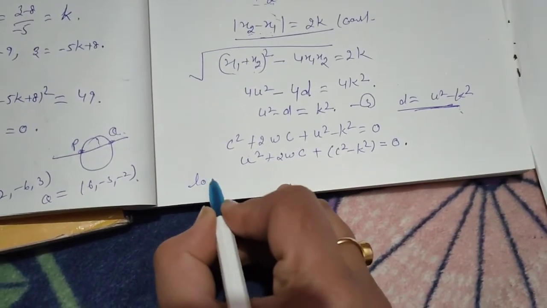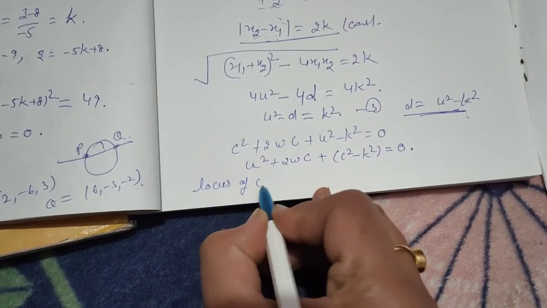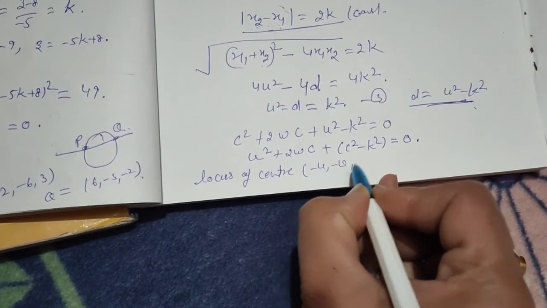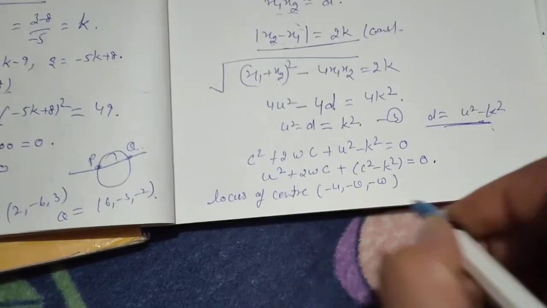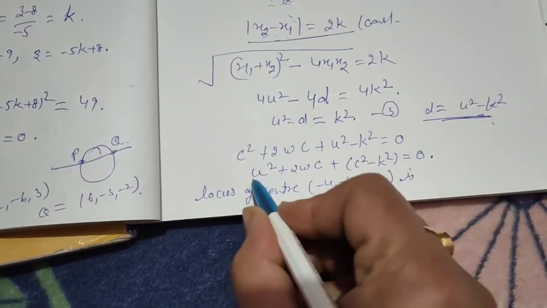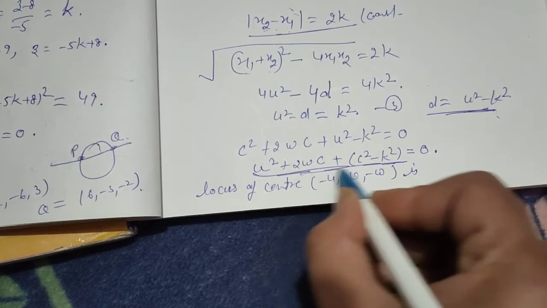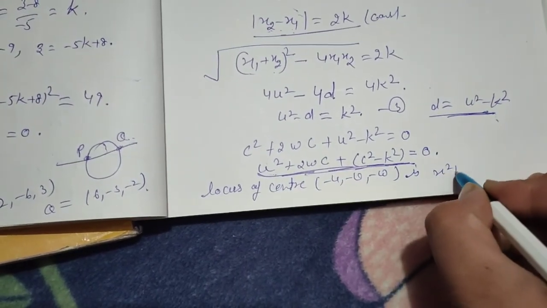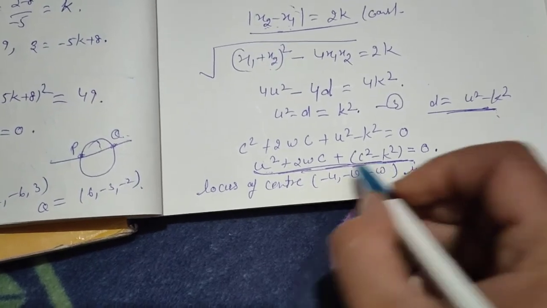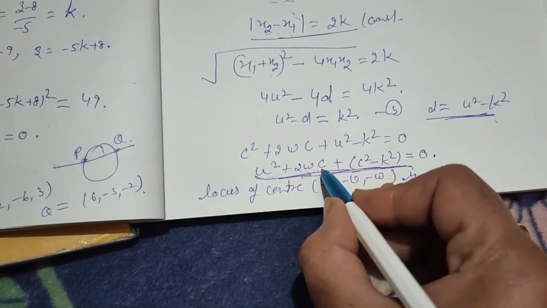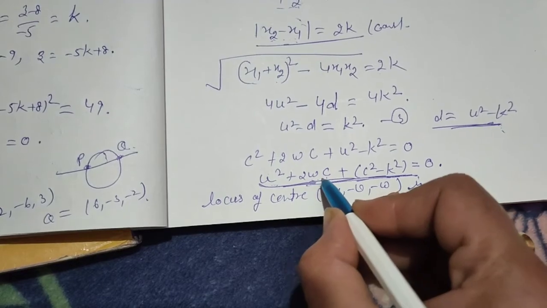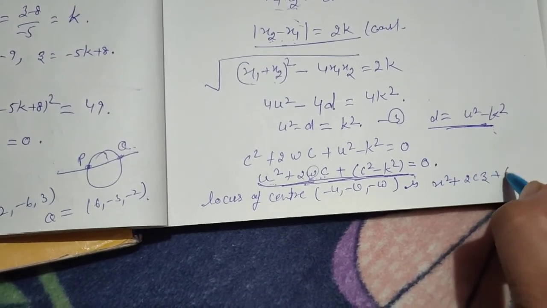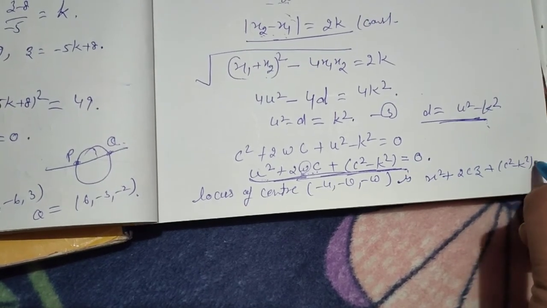Then the locus of the center (-u, -v, -w). Now this equation is in general form. u^2 becomes x^2 plus 2cz plus c^2 - k^2 = 0.